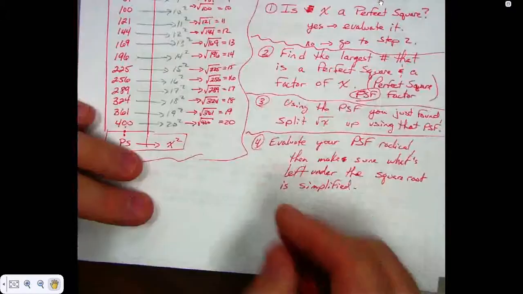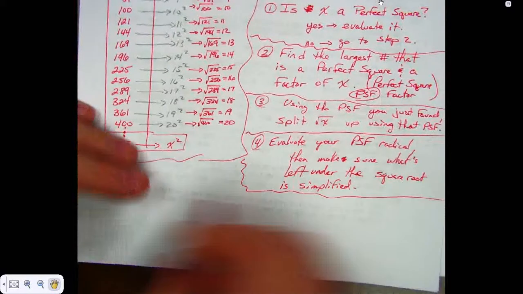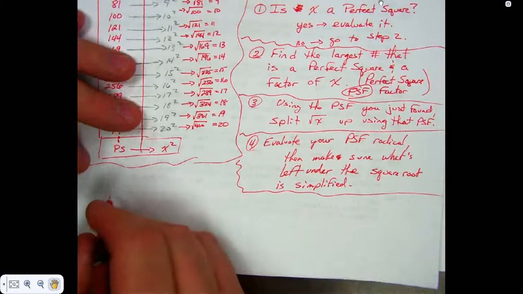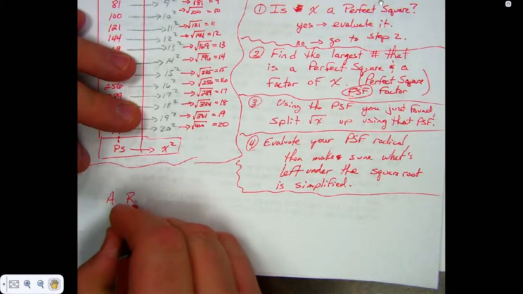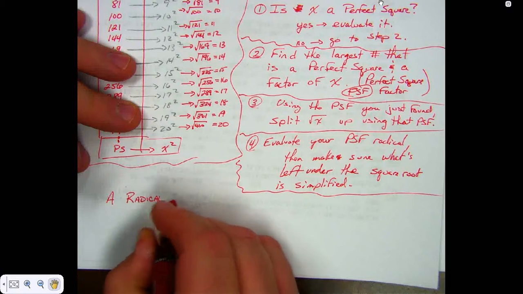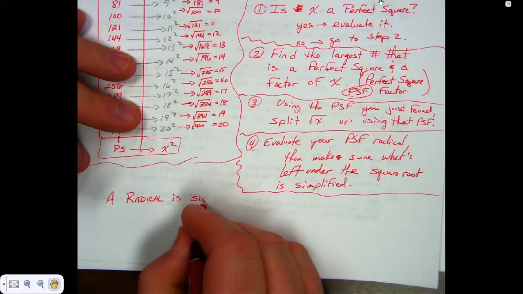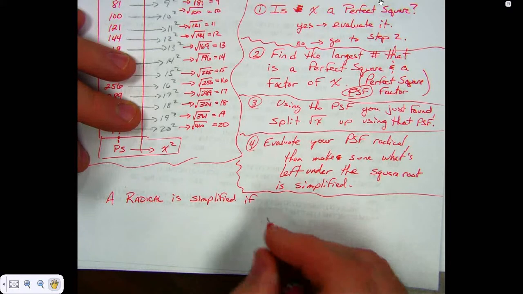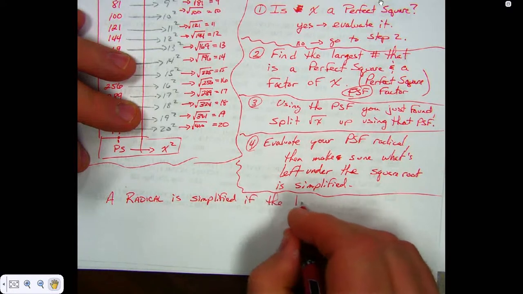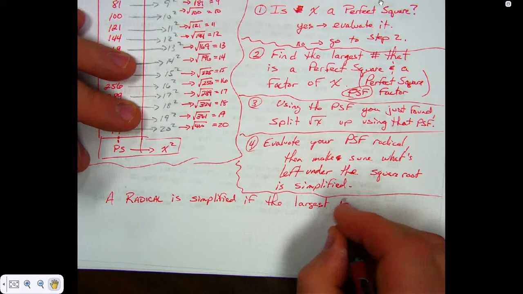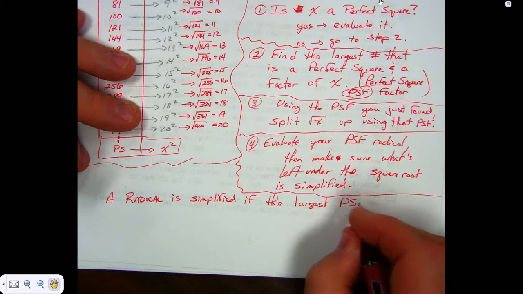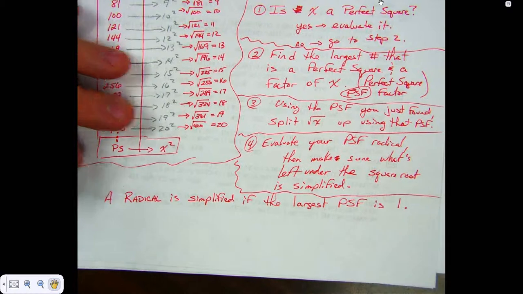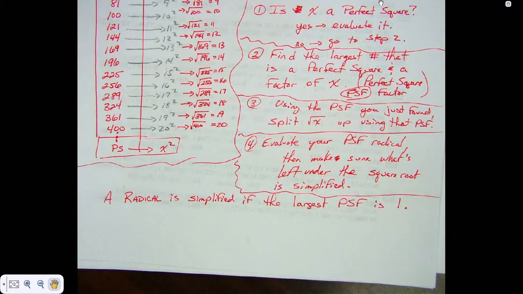And I'm going to give another kind of statement over here for how you know whether something is simplified. A radical is simplified if its largest perfect square factor is 1.